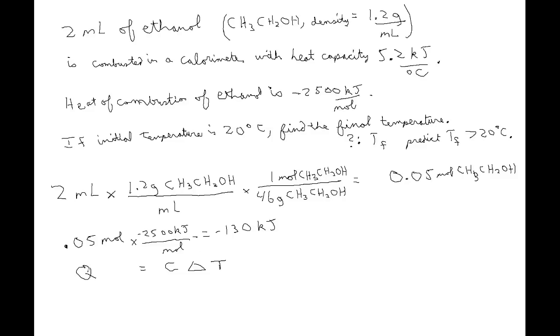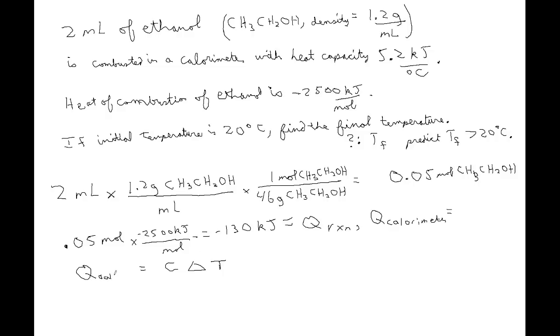Actually, let's go back to this. This is a Q. This is the Q of what? The reaction. Right. So what's the Q for the calorimeter? Q of the calorimeter is equal to C delta T. Right.